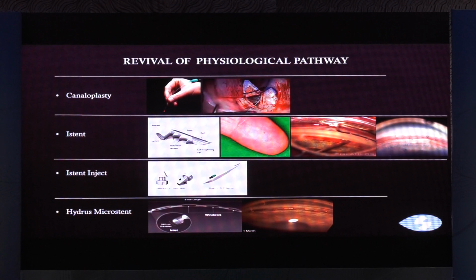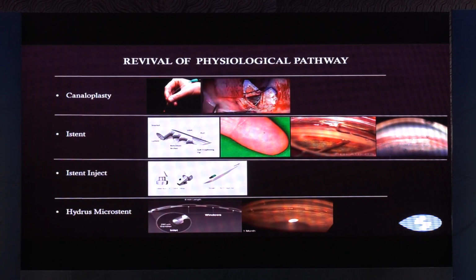Now there is another tendency to revive the physiological pathways, that means attacking only the trabecular meshwork. Canaloplasty is still not very commonly used and takes a lot of learning curve. The iStent is again put in the trabecular meshwork.